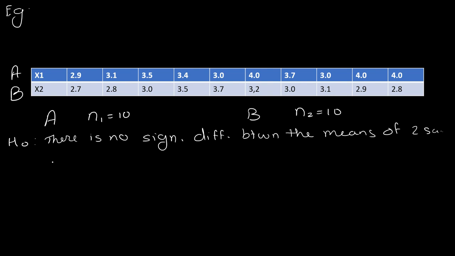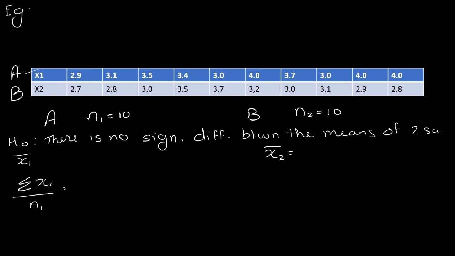Now, once H naught has been written, what else we need is x1 bar, the mean of sample A, and x2 bar, the mean of sample B. How to calculate x1 bar? X1 bar is the summation of all the xi's of the first sample divided by n1.